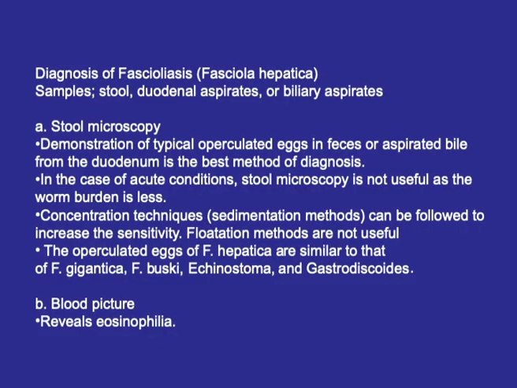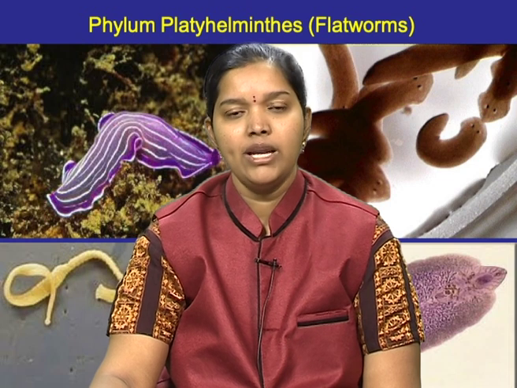So, we can go for the blood picture, but in the blood picture we can only detect whether there is eosinophilia or not. So, what is eosinophilia? It is the increased number of eosinophils. Eosinophils are white blood cells which increase in number only during the period of infection.